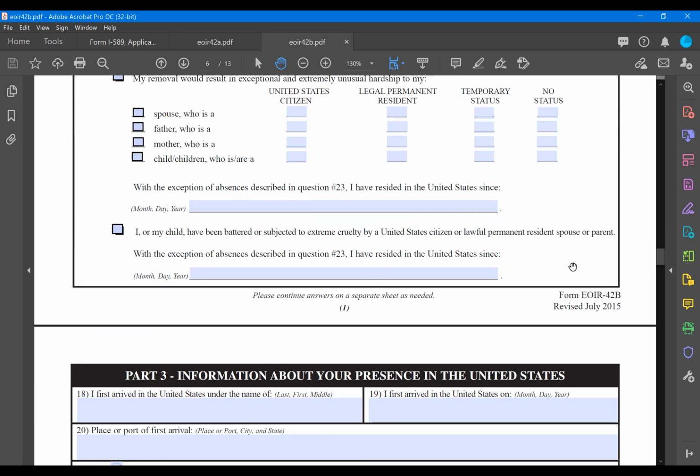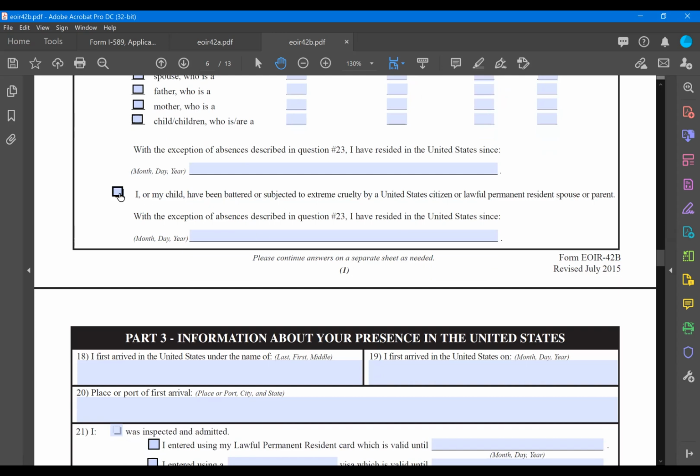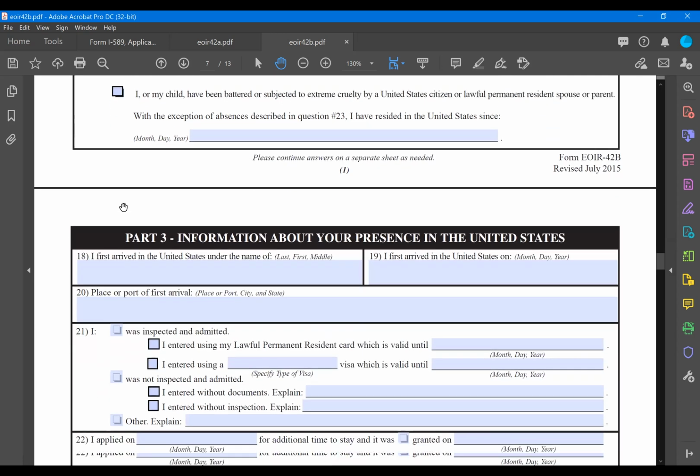It's sort of a cancellation of removal specifically for VAWA applicants. We don't have very many of these. Occasionally we do, and you would mark this box if we do. You're not going to see it very often, maybe more in the future, but that's what this box is for. This is what's called special rule cancellation of removal, and it's for battered and abused immigrants who would otherwise qualify for VAWA.